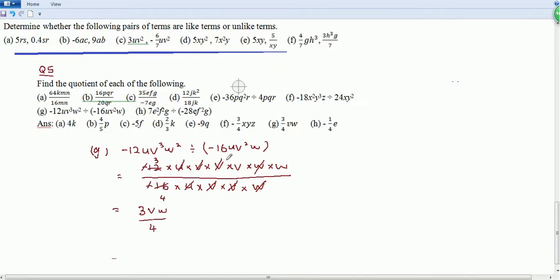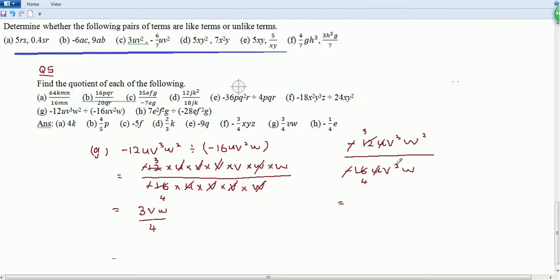You can do it this way. If you don't want, you also can do it this way. This will be faster. Okay, same thing here, cancel up and divide by 4. You have 3, you have 4 here. Okay, so the u, power 1, power 1, you just cancel up. Here you have power 2, here you have power 3.